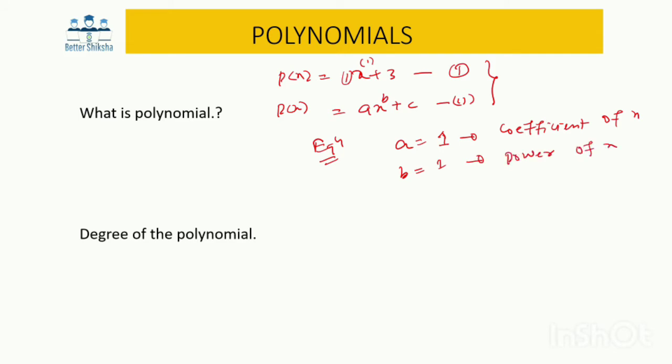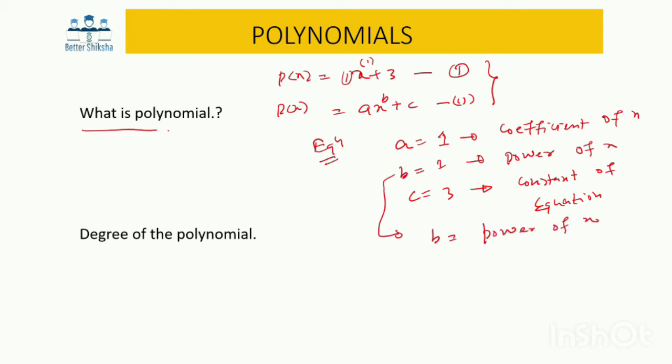And if we also compare the c value, we can simply say that the c value is 3, right? It is simply a constant of the equation. So the basic argument about this b term is that this is the power of x.